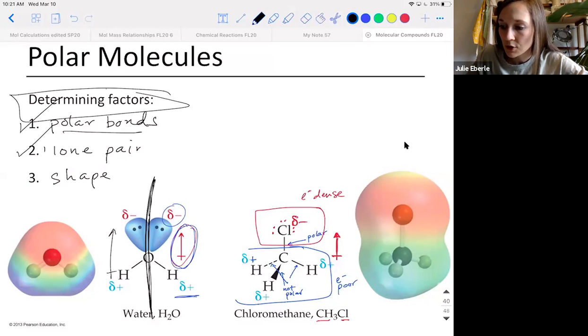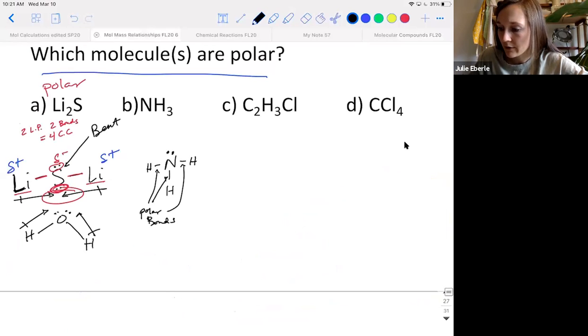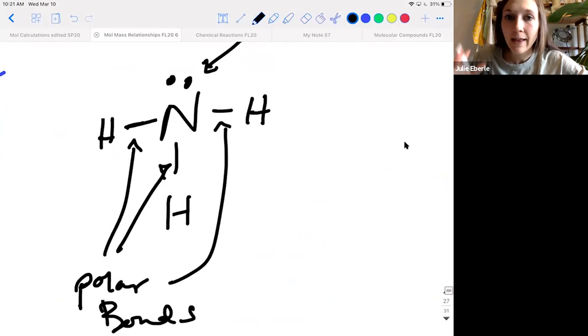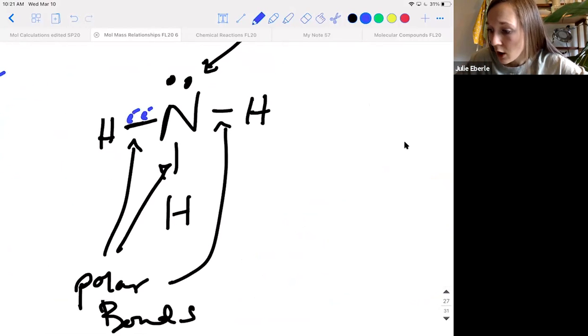Then I look at my structure, Bradley, and I say, okay, do I have lone pairs? Yes, I do, right here on the nitrogen. So why do these things matter? If you have polar bonds, remember, these bonds between hydrogen and nitrogen mean that the electrons in those bonds are not shared evenly. These electrons are pulled towards nitrogen in every bond if it's a polar bond.